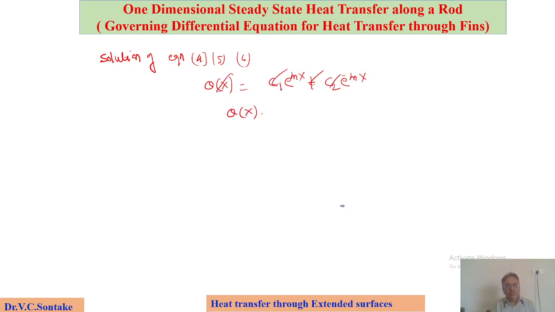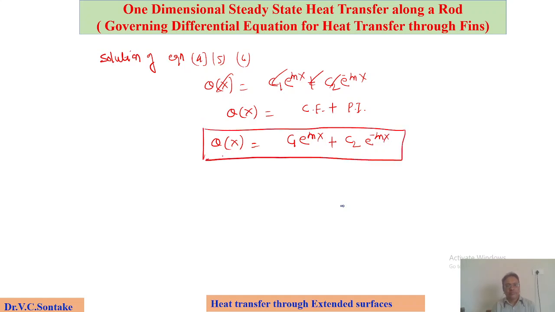The solution of equations 4, 5, 6 will have two parts, complementary function plus particular integral. And when you solve this equation, you will get the solution in this form. Let's say this is equation number 7. In this equation, C1 and C2 are constants.